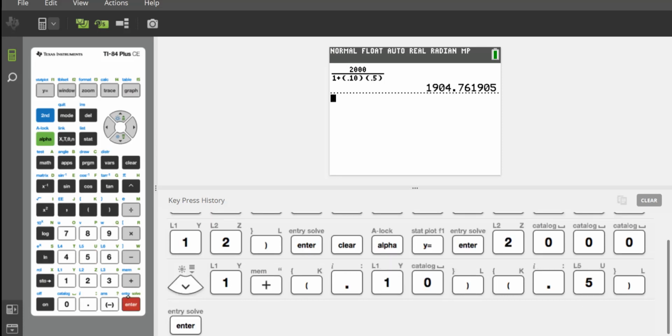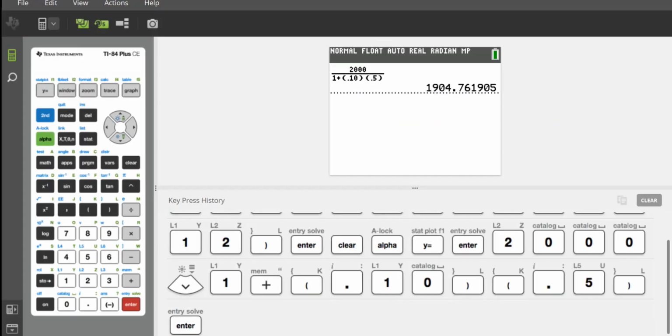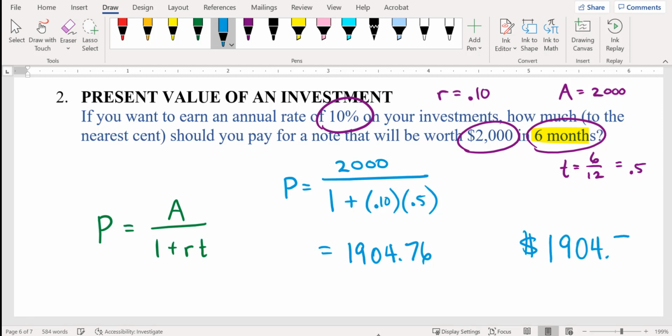I get 1904.76. So how much should you invest? The present value invested should be $1,904.76.